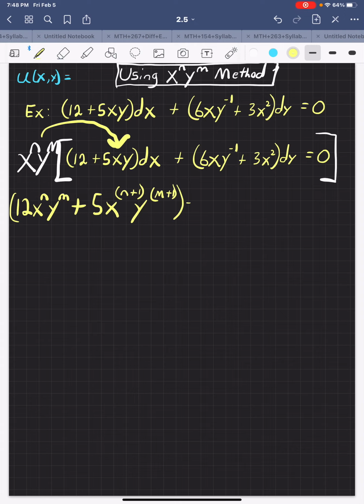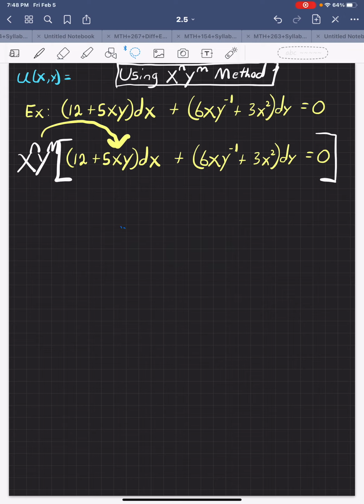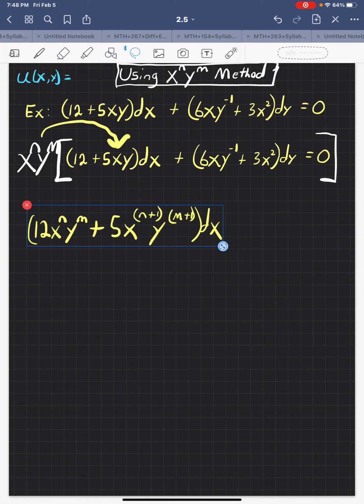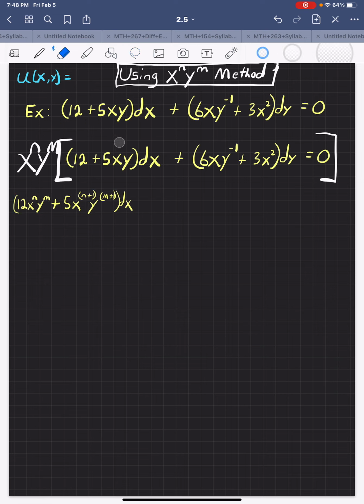Okay, so dx. Let me go ahead and cut that, paste it, and make it a little bit smaller. Okay. So nice. So now we have distributed our x to the n, y to the m to the first term. Now let's start our distributing here.